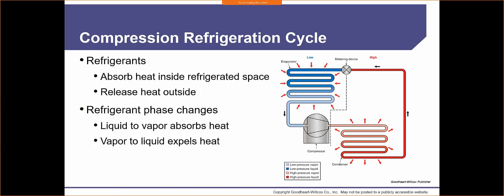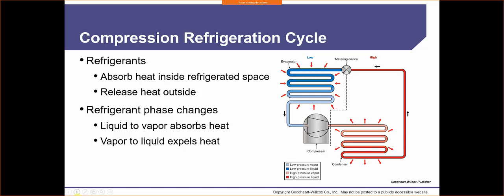The big thing is that it's the change of state of the refrigerant that allows for the absorption and the expulsion of this heat. All right. If we just had liquid refrigerant running through the entire system, we really wouldn't move the heat out of our home very well, or at all, for that matter.